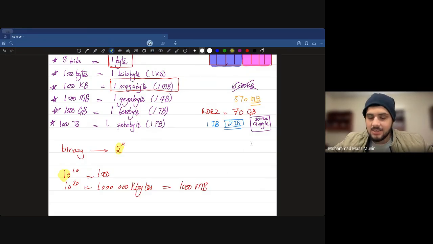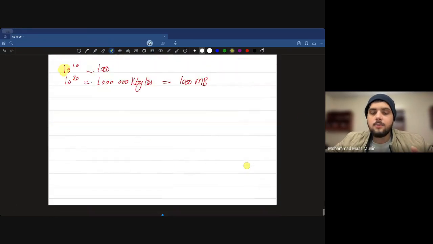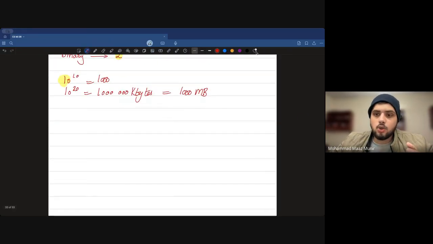And for that reason, because the memory size is actually measured in terms of power 2, a newer convention was introduced by the IEC.